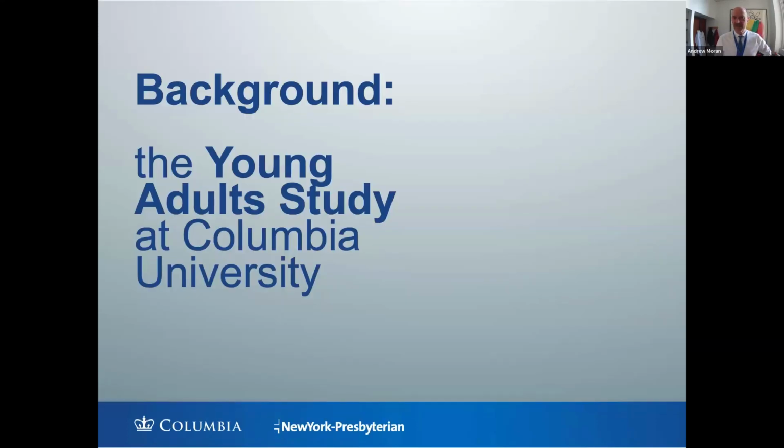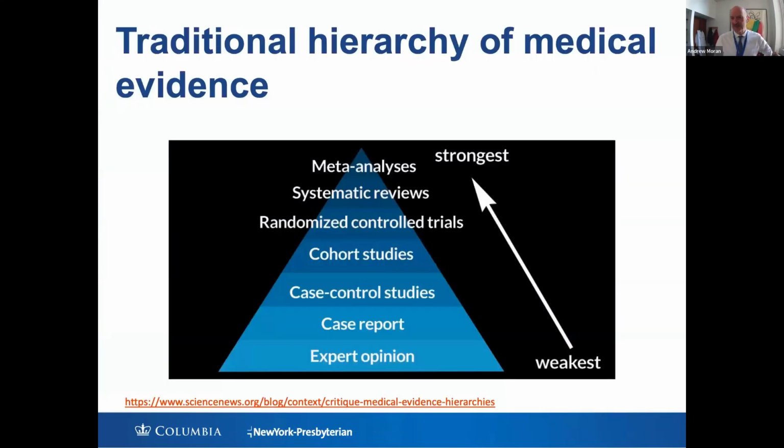So to start with the completed Young Adults Study, I'm going to give you a few background slides to orient you. You've probably seen or heard about this before, but it's a graphic depicting the hierarchy of medical evidence or public health evidence.